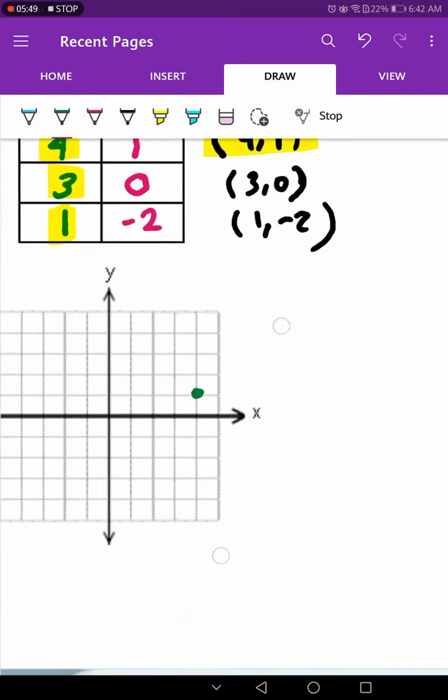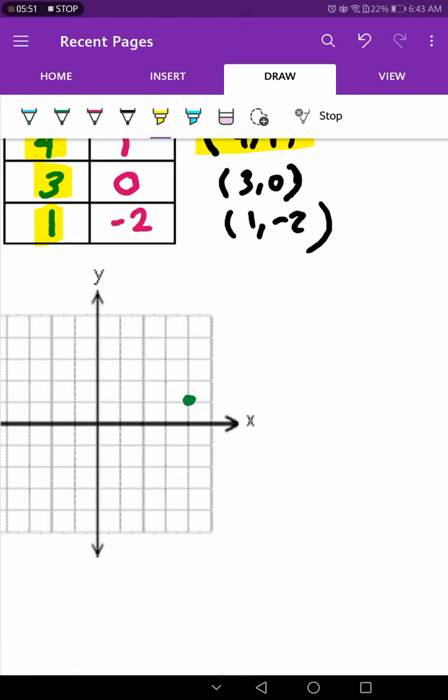The second ordered pair is 3 and 0, as you see. Can you describe the directions? Yes, teacher. He asked me to move 3 steps to the right and stay there, because it is 0, no up, no down.